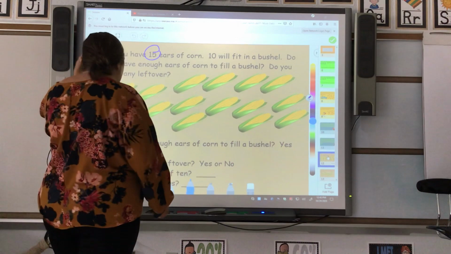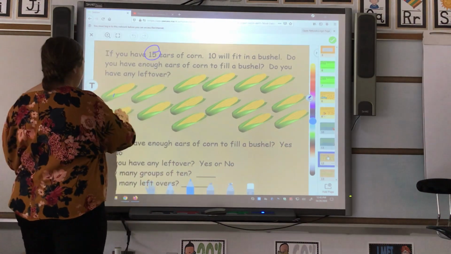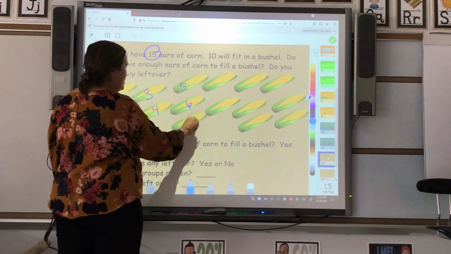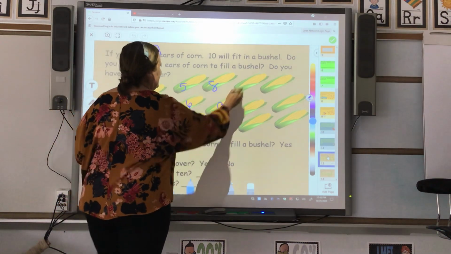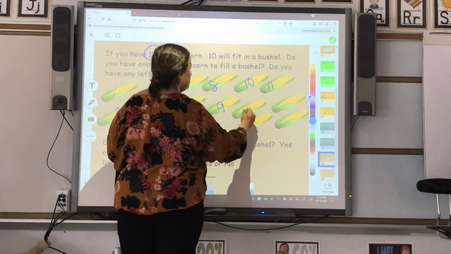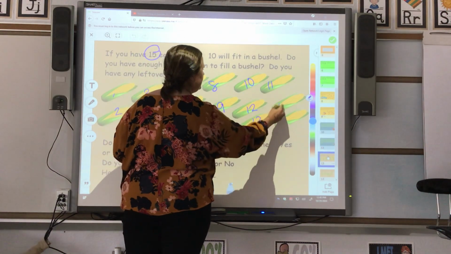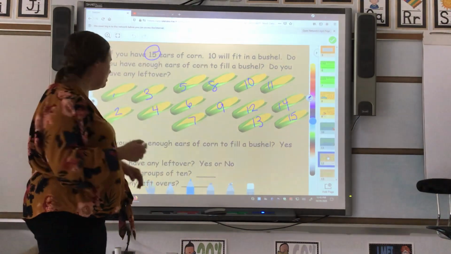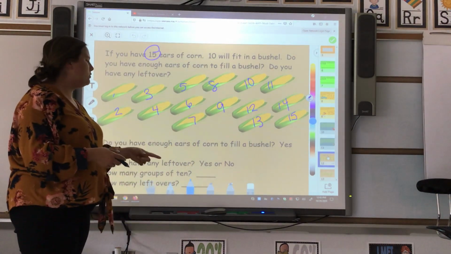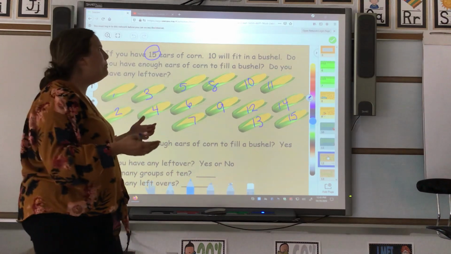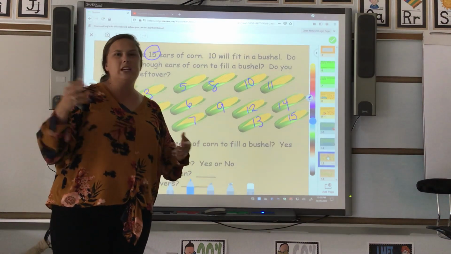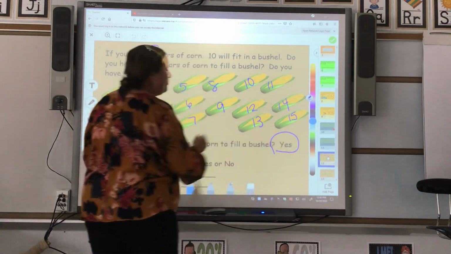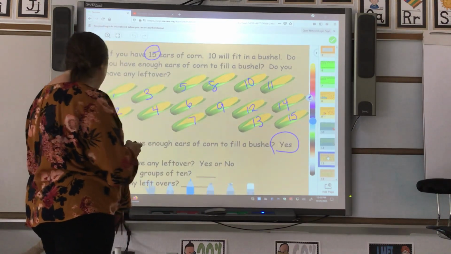So let's see how many we have. 1, 2, 3, 4, 5, 6, 7, 8, 9, 10, 11, 12, 13, 14, 15. Just like it says up here, we had 15 ears. So do you have enough ears of corn to fill a bushel? If a bushel holds 10, 15's even more than 10. So yes, we do have enough to fill that bushel.